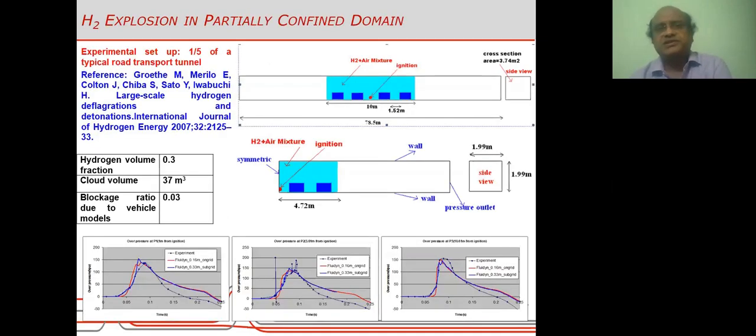We use this extensively in large scale problems with complex geometries, for example, an explosion in a closed domain with multiple obstacles. It may not be feasible to model all the objects very accurately.